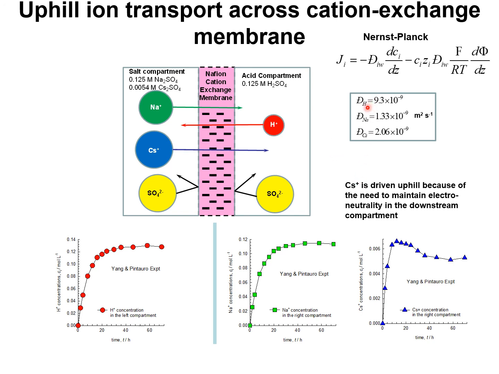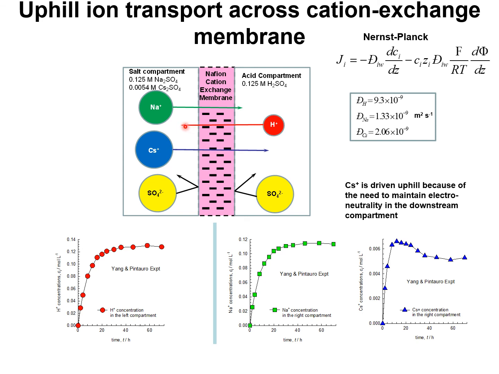Now, hydrogen ion has a diffusivity that is a factor 5 higher than the diffusivities of either sodium or cesium, and therefore the diffusion of hydrogen ion takes place very quickly, and it enters the salt compartment far more quickly than the egress of sodium cations and cesium cations.